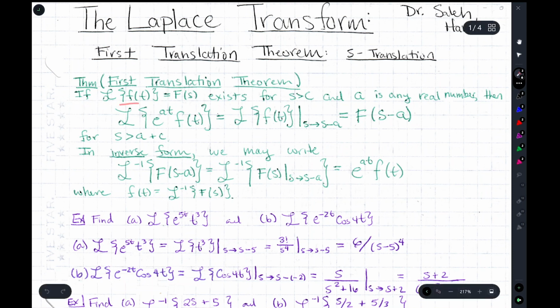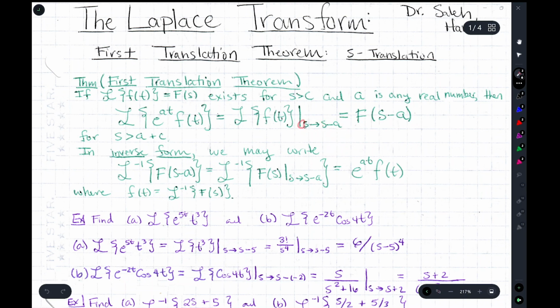So here it is. If the Laplace transform of a function lowercase f of t is equal to capital F of s exists for s greater than c and a is any real number, then the Laplace transform of the exponential e to the at, where of course a is a constant, times lowercase f is equal to the Laplace transform of f with s translated to s minus a.